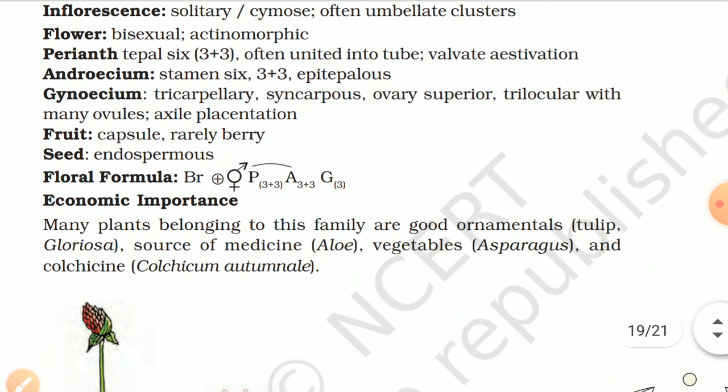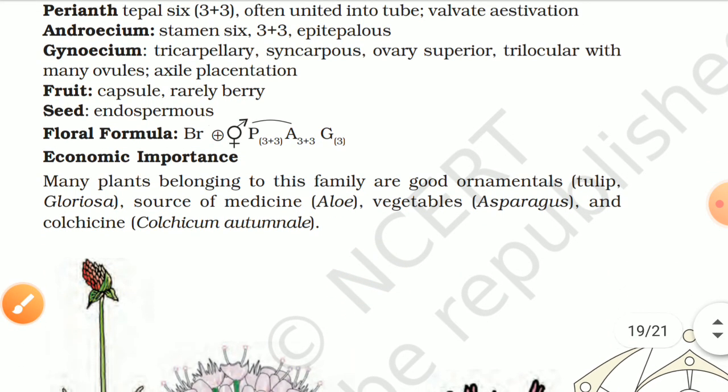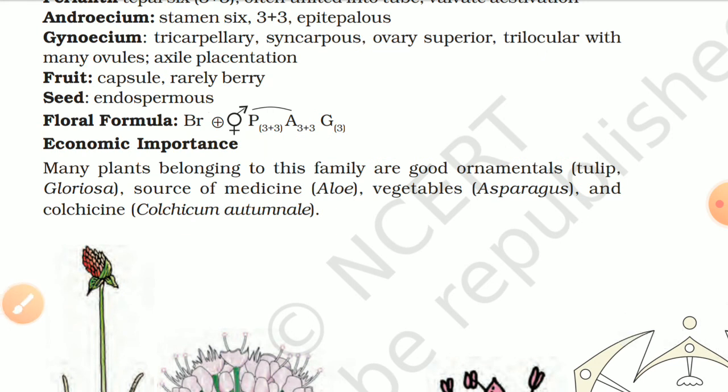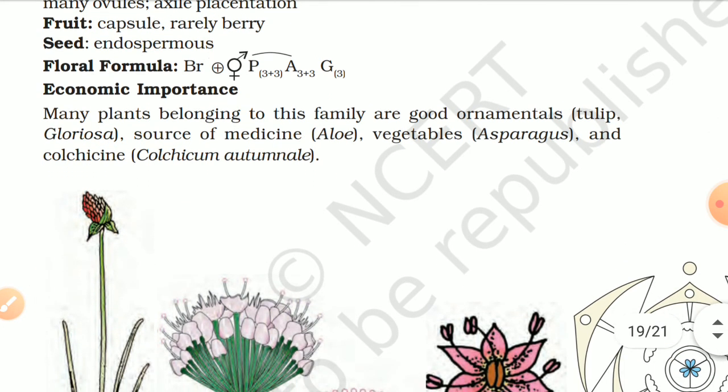Fruit capsule, rarely berry. Seed endospermous. Floral formula. Economic importance: many plants belonging to this family are good ornamentals: tulip, gloriosa. Source of medicine: aloe. Vegetables: asparagus. And colchicine from Colchicum autumnale.